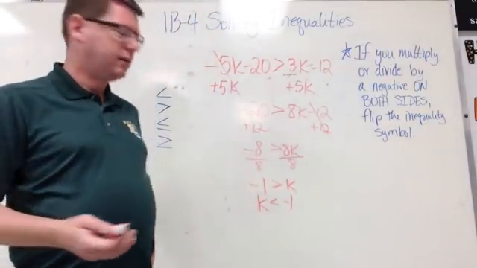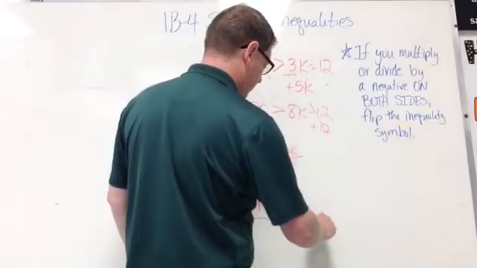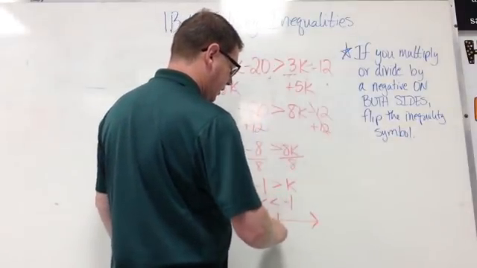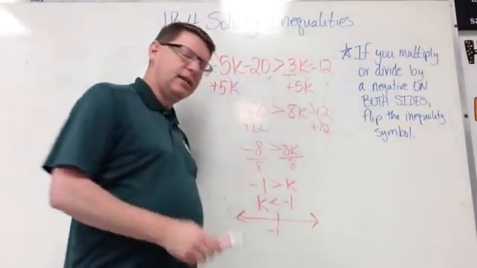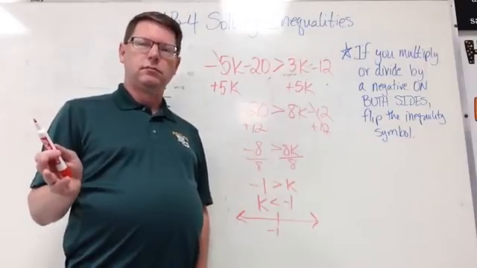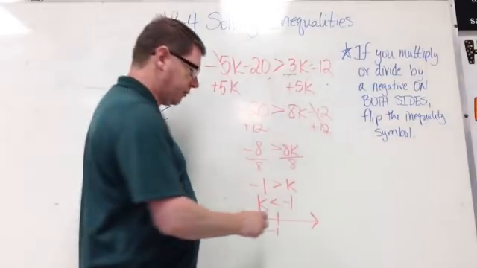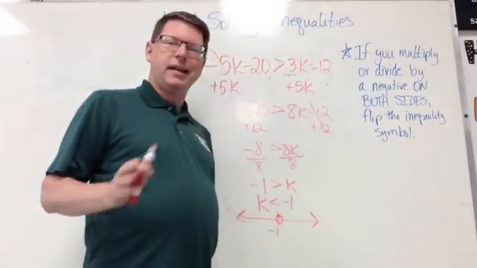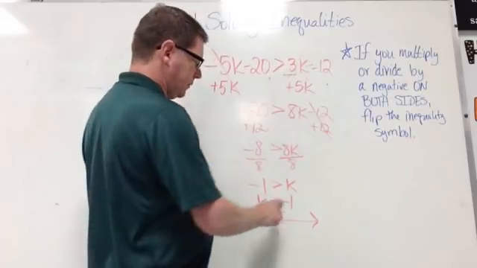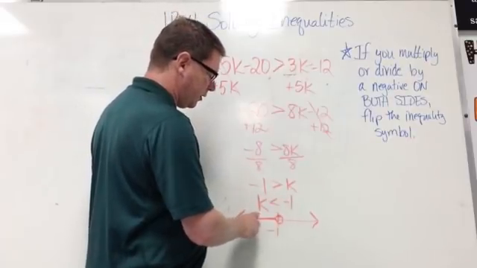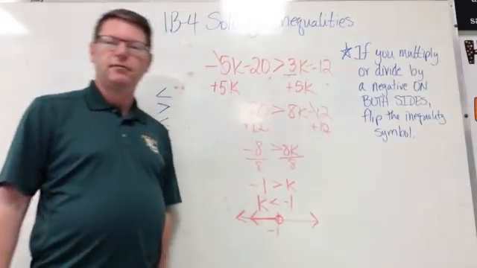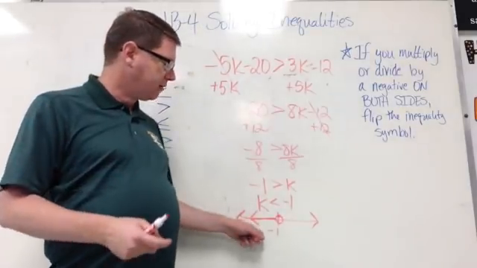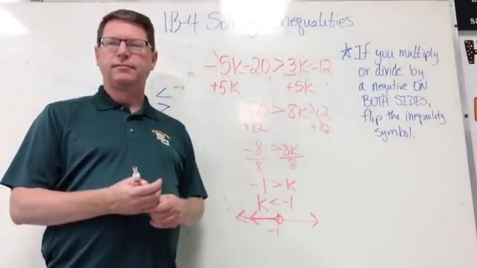And then I have to graph it. So I'm going to draw my number line. I'm going to put -1 on the number line. Is it going to be an open circle or a closed circle? You're right, it's open. Now, which direction? It's less than, so I'm going to go to the left. And that is how I would graph k is less than -1.